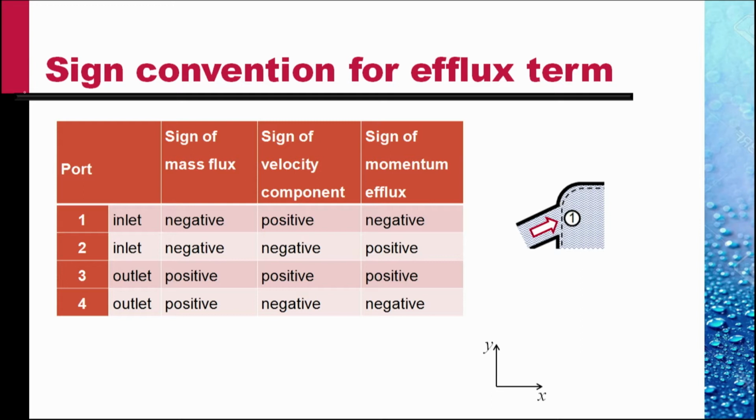So the sign of the mass flux is negative and the sign of the velocity component is positive. The sign of the momentum efflux would be negative. If, however, the port was like this, again an inlet port, here the sign of mass flux V dot A is negative, but the velocity component is also negative. So the sign of momentum efflux is positive.